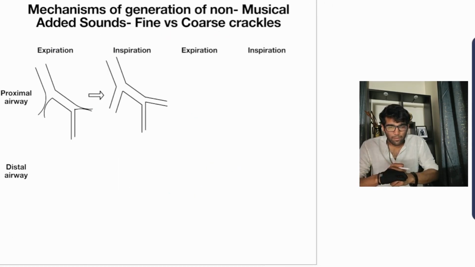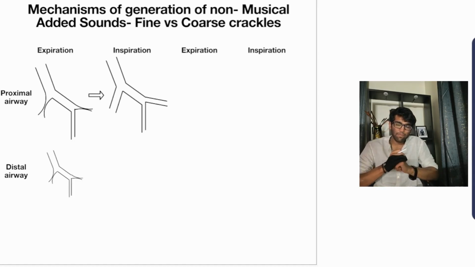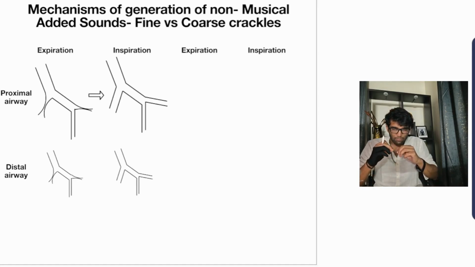The thing is that with fine crackles and coarse crackles, in fine crackles, during expiration or during the end parts of expiration, because of the positive pressure being applied from outside, and because there is some architectural distortion, say due to interstitial fibrosis, some of the airways collapse.